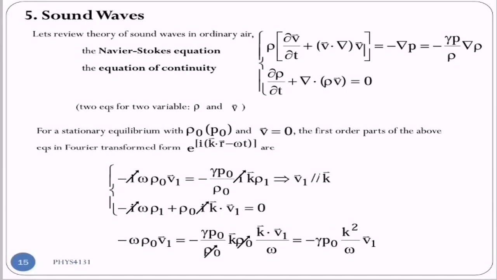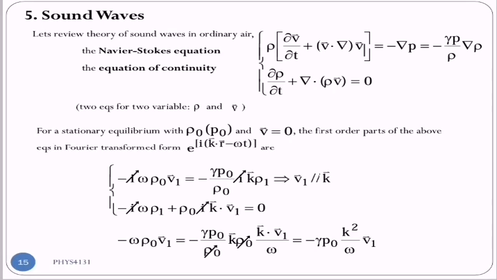For stationary equilibrium, we have rho naught, p naught, and v equal to 0. Using all these values in the above equation, we get minus iota omega rho naught v1 is equal to minus gamma p naught over rho naught iota k rho 1.